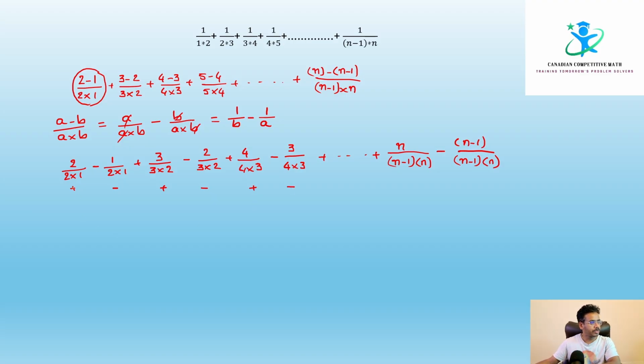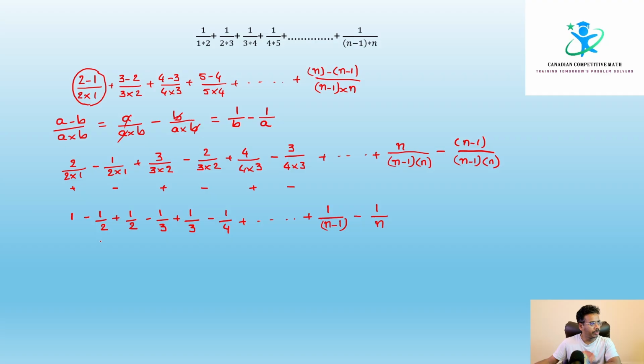right? So if I simplify this a little bit more, it becomes 1 minus 1 by 2 plus 1 by 2 minus 1 by 3 plus 1 by 3 minus 1 by 4 plus all the way plus 1 by (n minus 1) minus 1 by n, right?